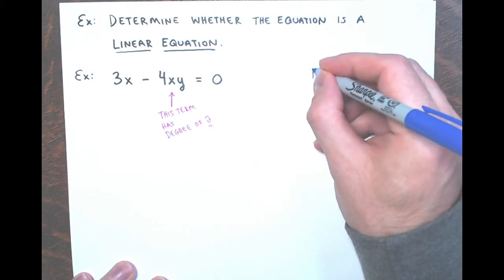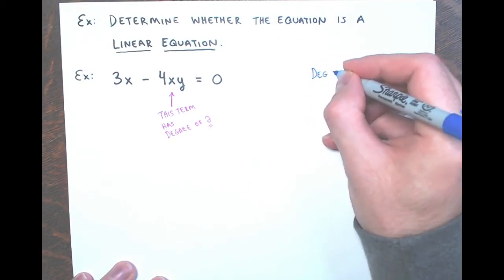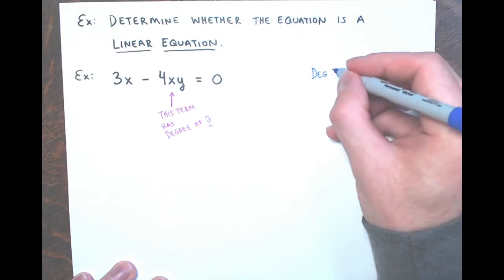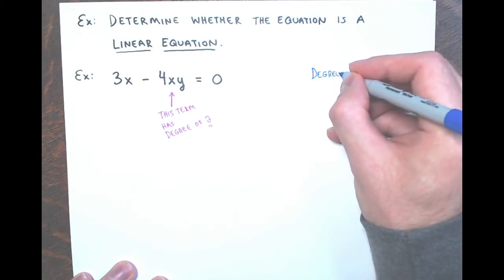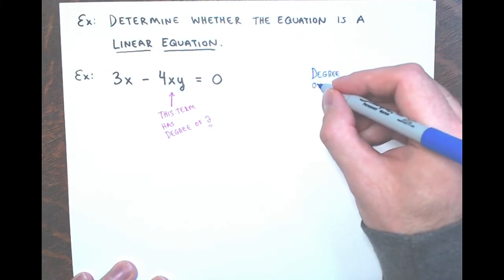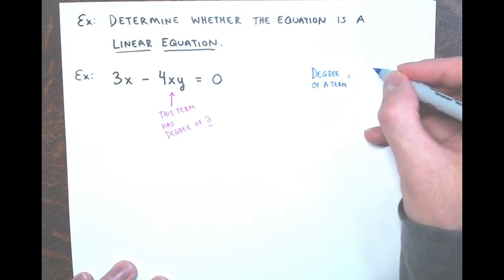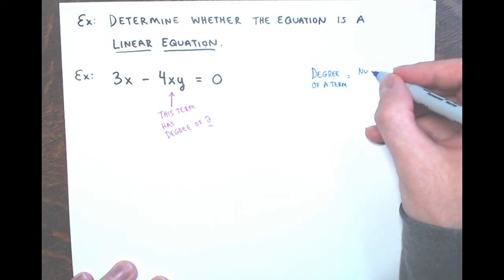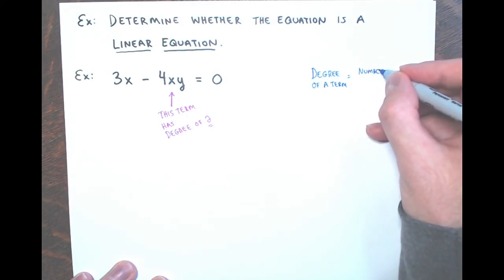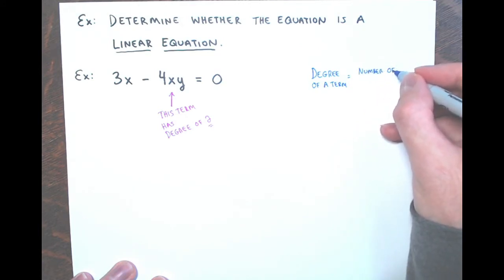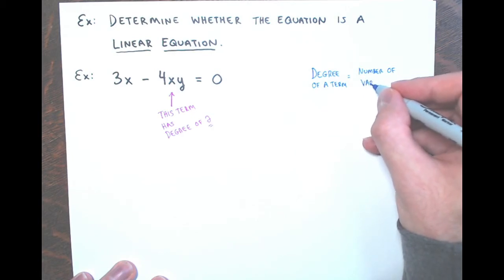Remember, the degree of a term in a polynomial was the number of variable factors.